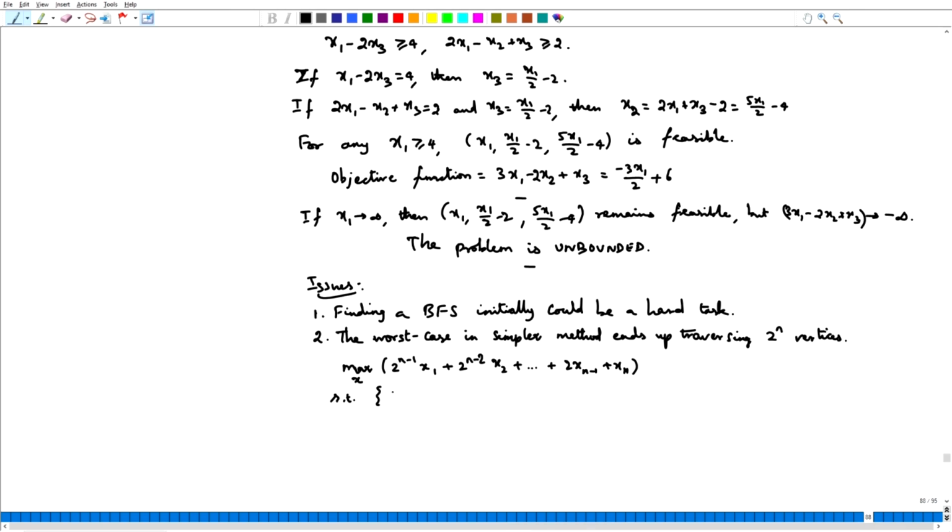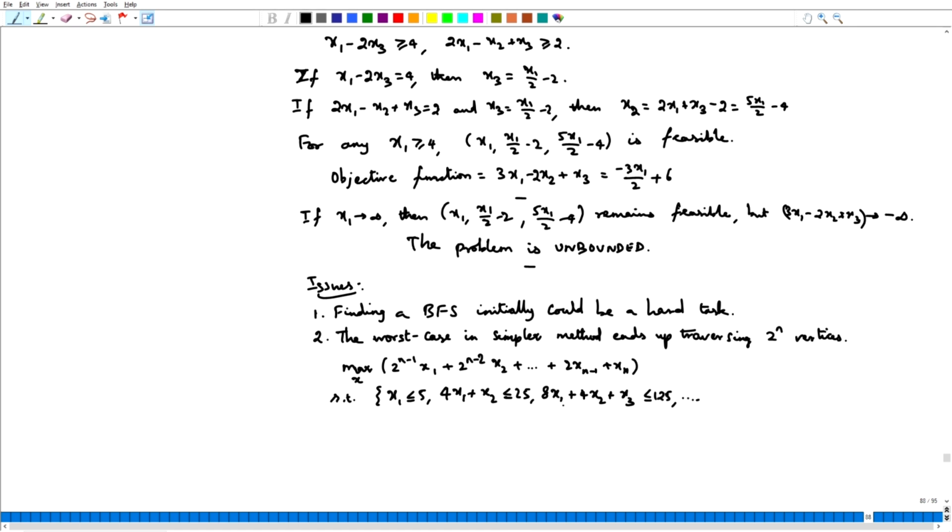What are they? The first constraint is x 1 less than or equal to 5, the second is 4 x 1 plus x 2 less than or equal to 25, the third is 8 x 1 plus 4 x 2 plus x 3 less than or equal to 125, dot dot dot.